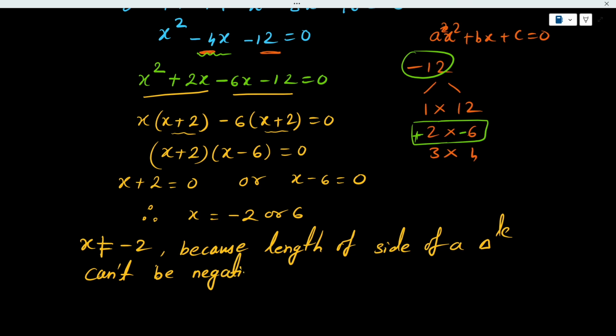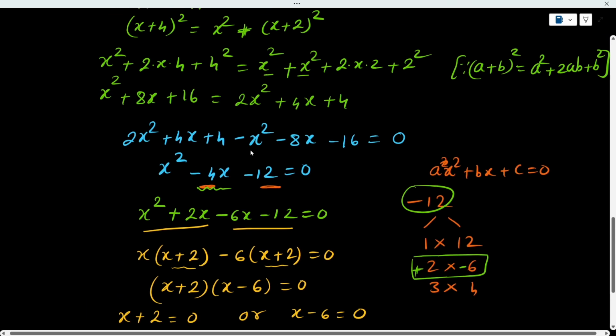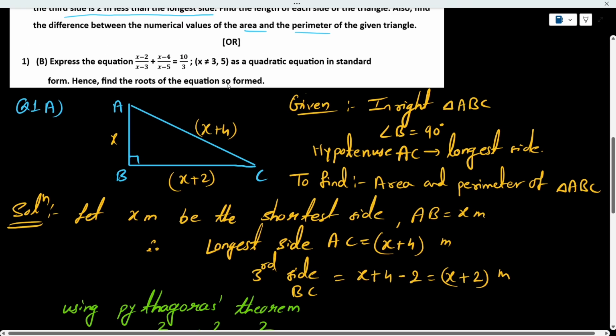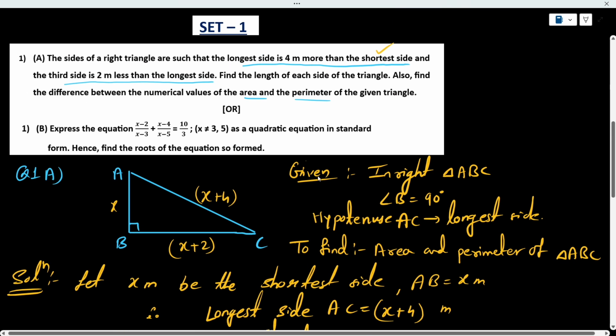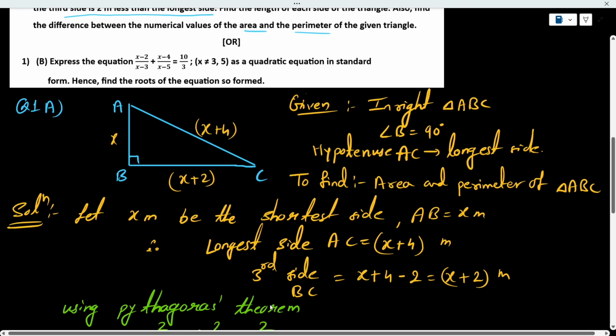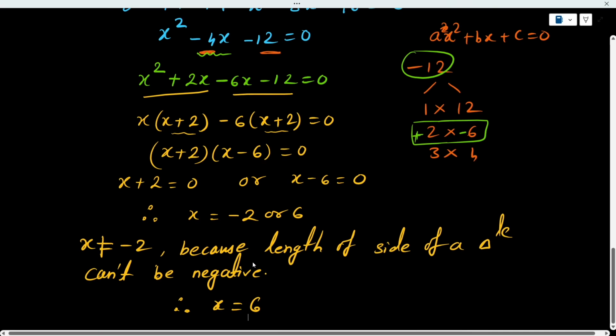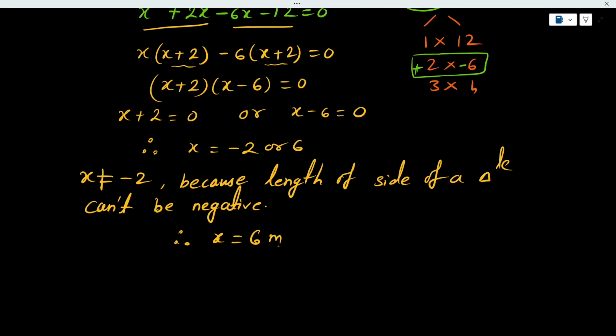So therefore, which value of x are you going to consider here? x is going to be equal to 6. And what is the unit given here? x is given in meters, right? Here 4 meters. So my value is going to be in meters. Therefore, the x value is 6 meters. So what are the three sides?